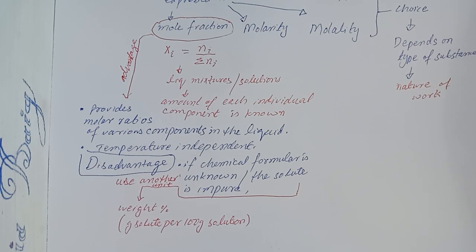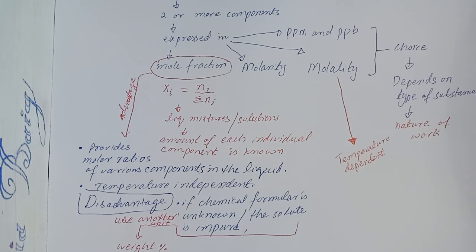Another important concentration unit is known as molarity. In spite of being a temperature dependent unit, molarity, moles of solute per decimeter cube of solution, is commonly used in chemical kinetics, chemical thermodynamics, and electrochemistry for its usefulness in these subjects.